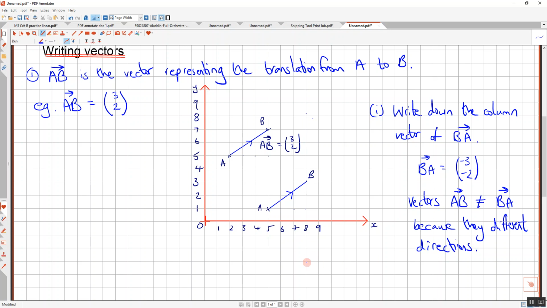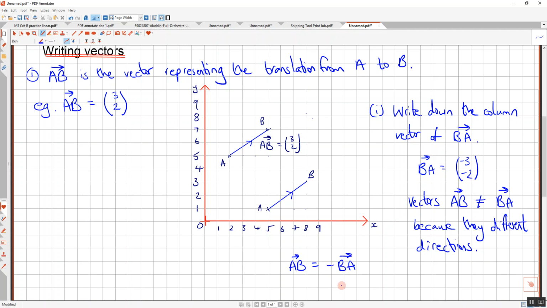What is the relationship here between A to B and B to A? Even easier than that. A to B is equal to what in terms of B to A? Negative B to A, okay?